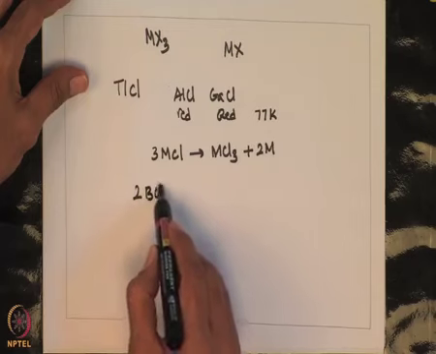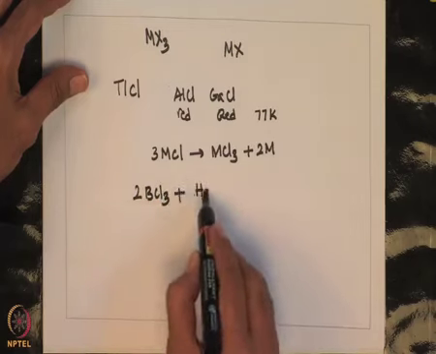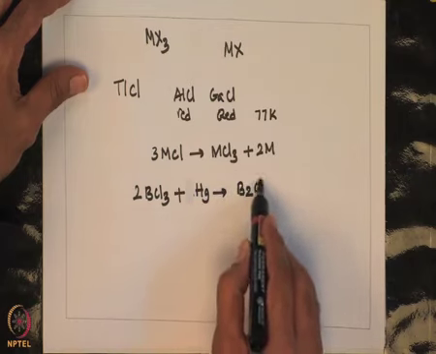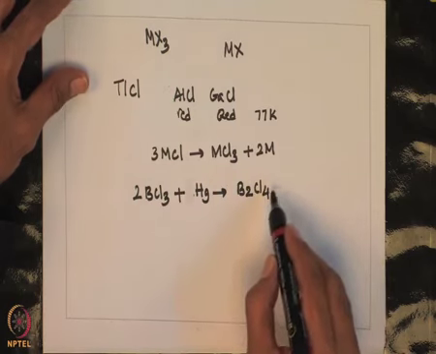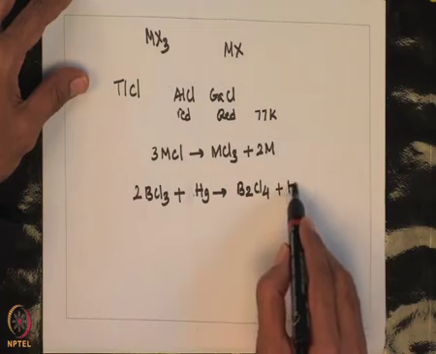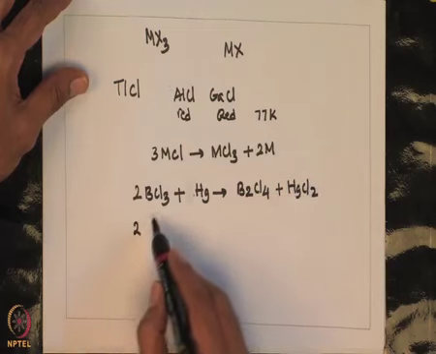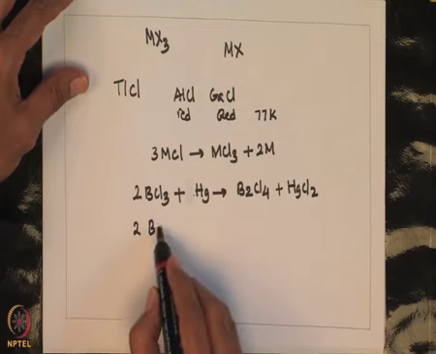In the case of boron trichloride, when it is treated with mercury, it is reduced to B2Cl4, that is, +2 state boron dichloride, with the formation of mercury chloride. One can also use copper atoms instead of mercury here.